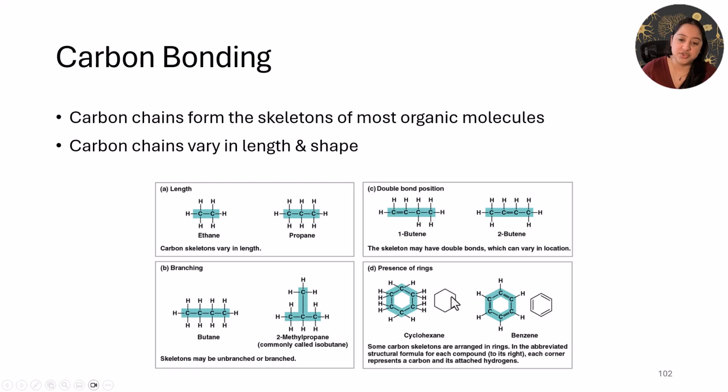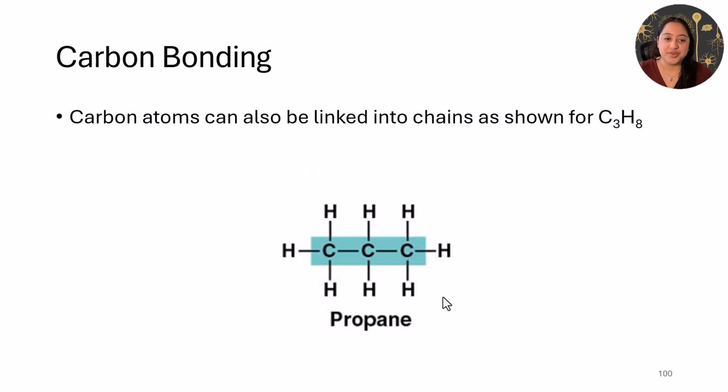So there would be 2 hydrogens here, and then 2 here, and 2 here. But again, that's a problem for chemistry, just to show you. So carbon atoms can be linked into chains, into rings, into all kinds of forms.